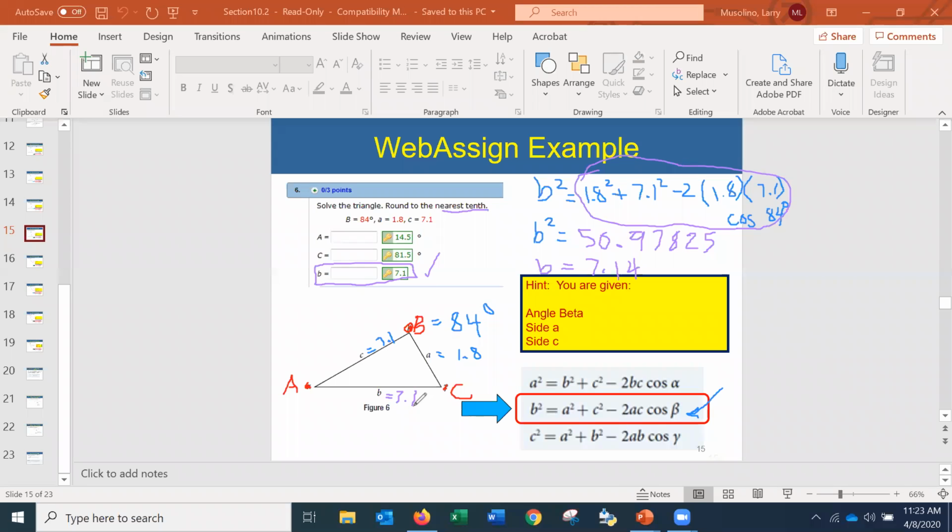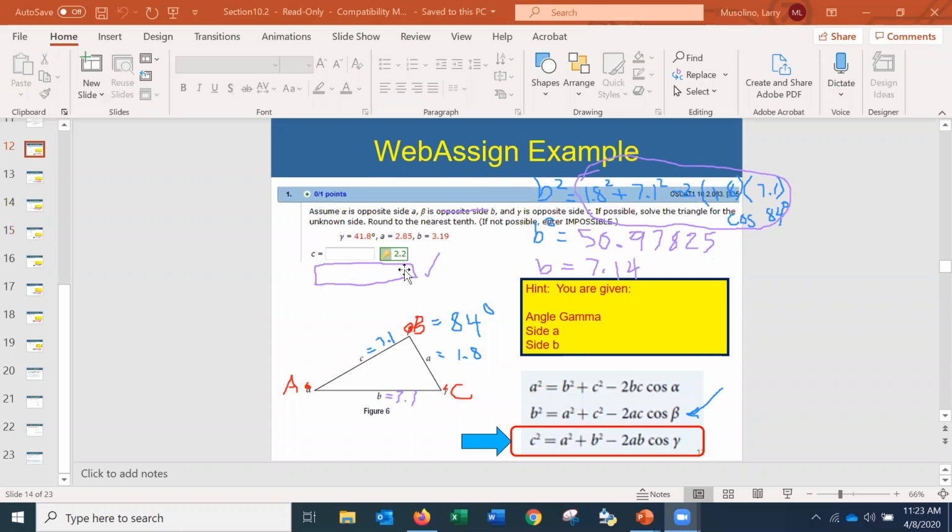All right, now I could use law of cosines now to find, let's say we want to find angle A. I could use law of cosines to find angle A. You have to do for angle A, you have to do 1.8 squared. Yep, so let me go, yep, hang on, Gennaro. I just want to jump back to these formulas on slide 4.